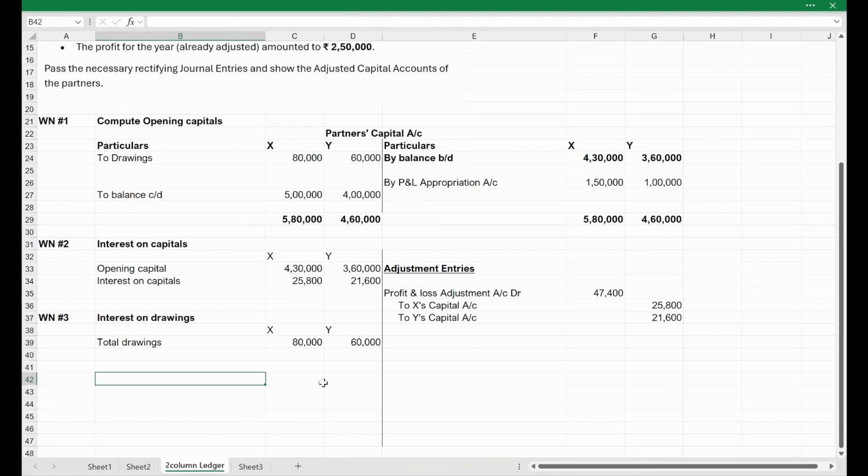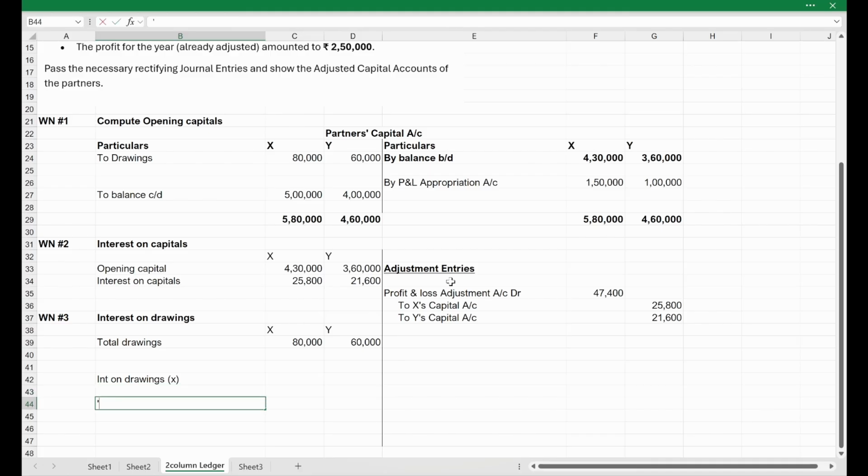How to compute the interest on drawings? Let me do it. First, interest on drawings of X. X has withdrawn at the end of each quarter, therefore the average period will be 4.5, so 4.5 by 12.